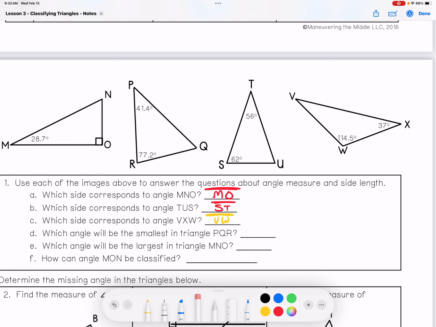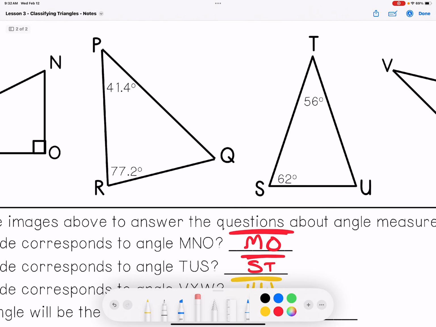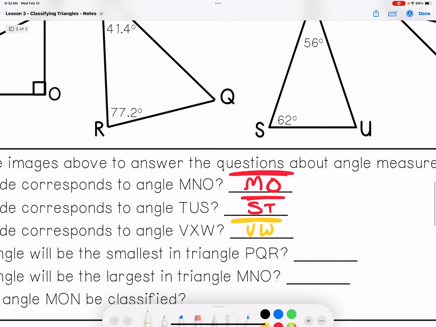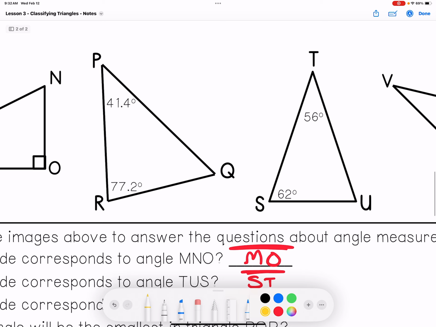Which angle will be the smallest in triangle PQR? Well, we don't have this one yet, so we need to find it. But we do have this one, and we do have that one. And what did I tell you a triangle always equaled?